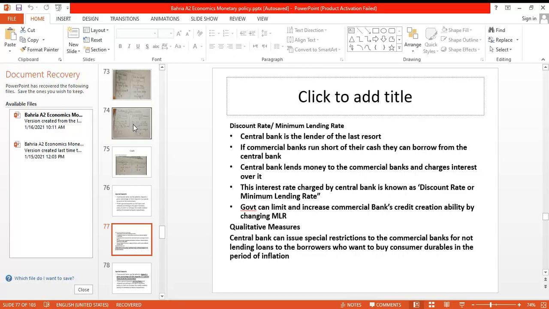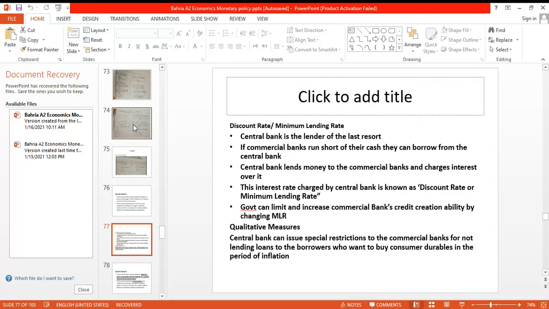Okay, so now if the government wants, or if the central bank wants the money supply to decrease, what will it do? It is going to increase its minimum lending rate. Let's say it increases the minimum lending rate from 2%, just for the sake of argument. The minimum lending rate was 2%, and it now goes up to 5%.